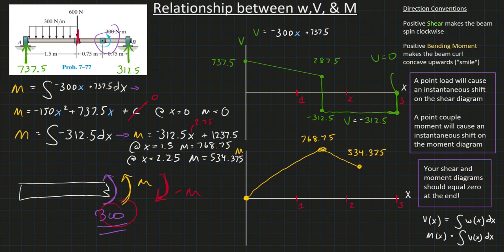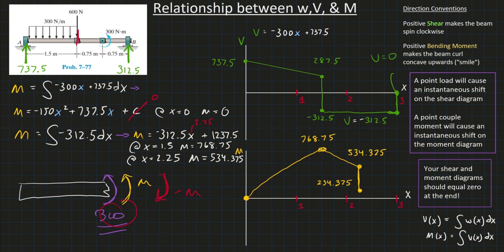So because I'm going to need more negative bending moment to fight against this, this curve is going to shoot downwards by 300. So I just got to subtract 300 off this to figure out where I end up. Gets me around 234, which will be around here. That's 234.375.